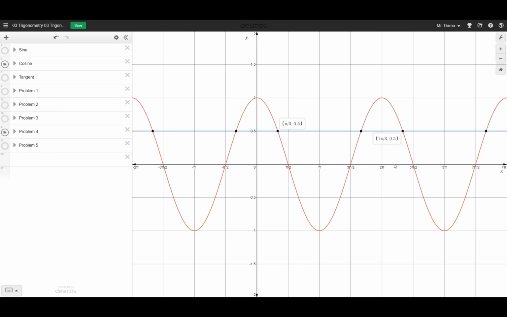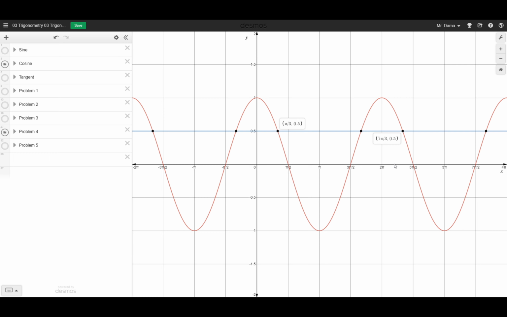I'm thinking my whiteboard's almost back up and running, so I'll probably switch to there. But do you notice that within 2 pi, so from this peak to this peak, I have two solutions? And can you notice that there's a line of symmetry through pi? And so that symmetry is going to be really useful.